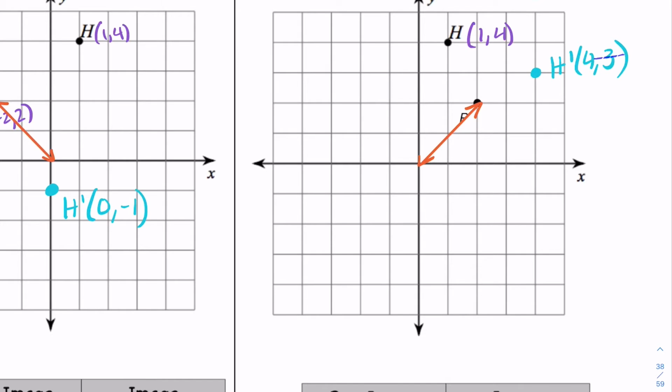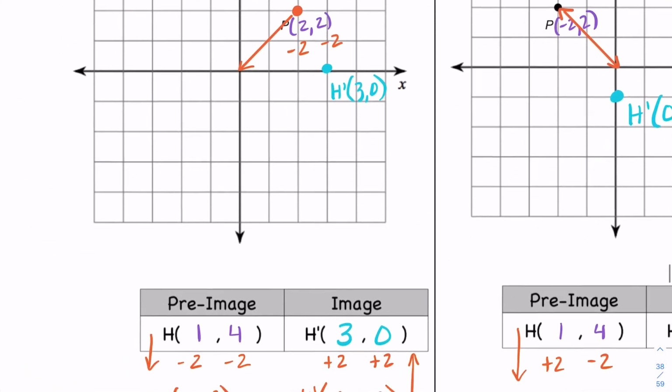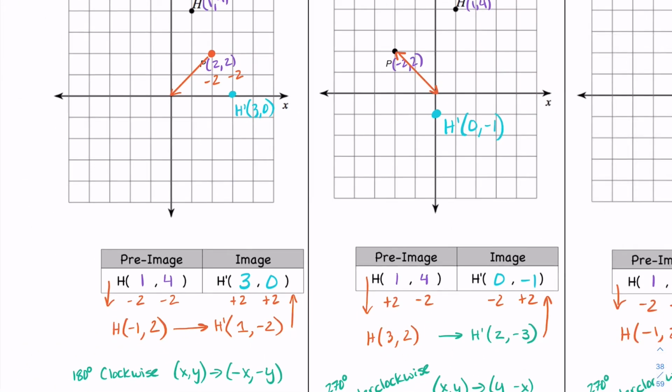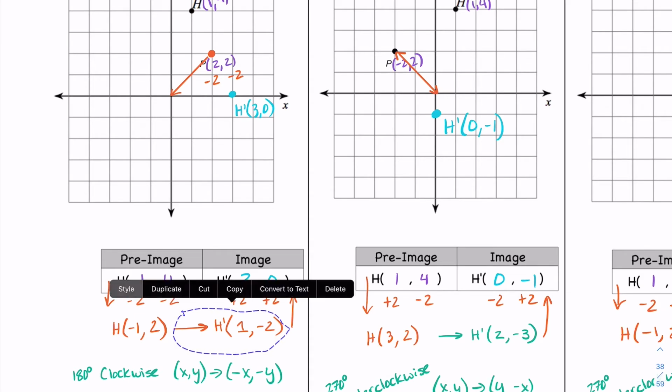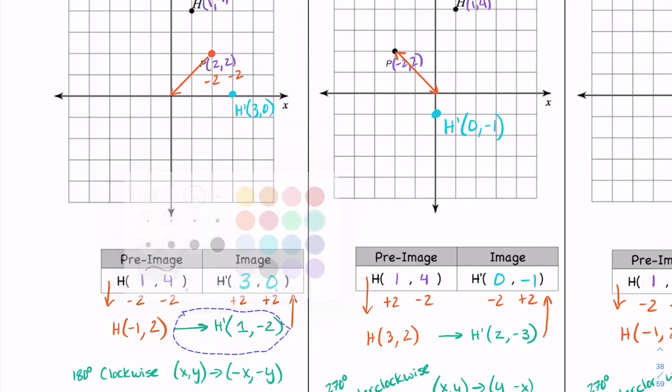What I want to do is fix these colors so that they make more sense. So this is going to be green right here. That's my change.